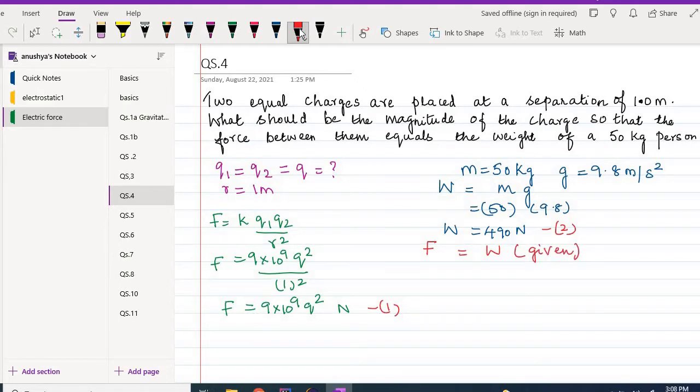So just equate 1 and 2. When you equate, what will you get? 9 into 10 to the power of 9 Q square is equal to 490.